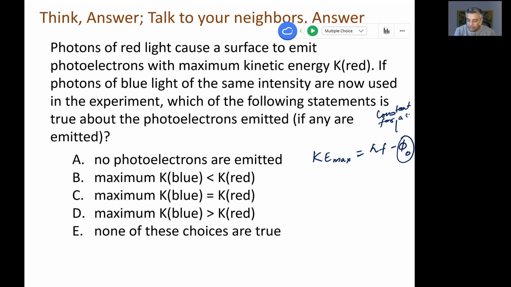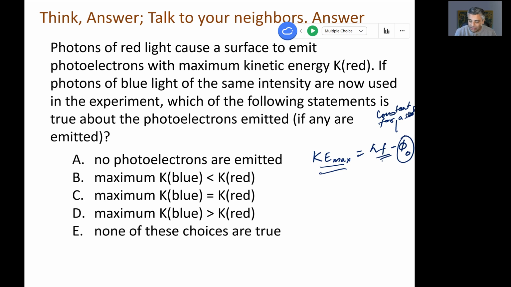So now, when frequency changes, kinetic energy changes. But going from the yellow light to the blue light, is frequency increasing, decreasing, or remaining the same, right? Different colors have different frequencies. And the blue, purple-blue, has the highest frequency.